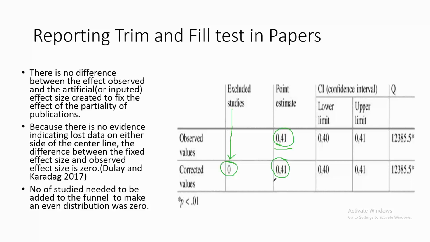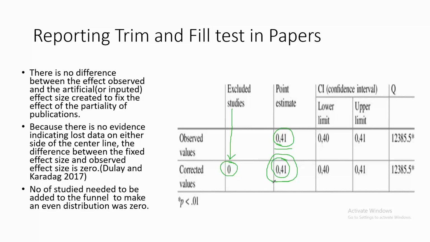After the trim and fill was added, which means 0 studies were added, the effect size was absolutely the same, 0.41. If the trim and fill gives you a result other than 0, suppose it says 2 studies were added or 4 studies had to be added, obviously this effect size will change.